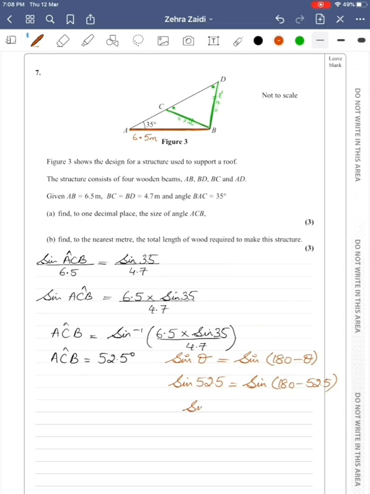Therefore, sine of 52.5 is equal to sine of 127.5. Therefore, we get the value of the obtuse angle ACB as 127.5. Okay, now you can understand this better by checking it out on a sine curve.